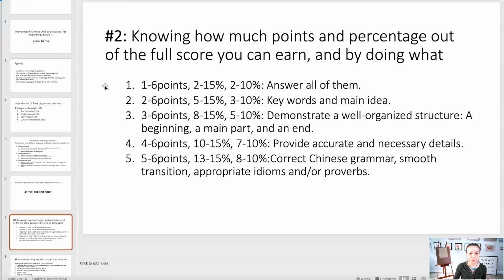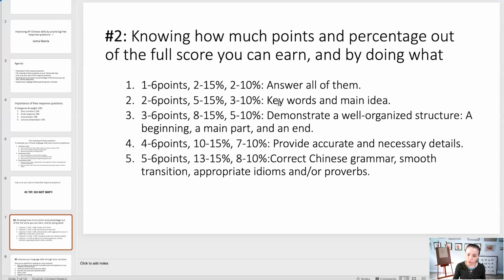Number 2, you need to know how many points and what percentage of your score you earn by doing what. Precisely, by answering all of them, you can earn from 1 to 6 points, which is 2 to 15% on the story narration and cultural presentation, and 2 to 10% on the email response and conversation.